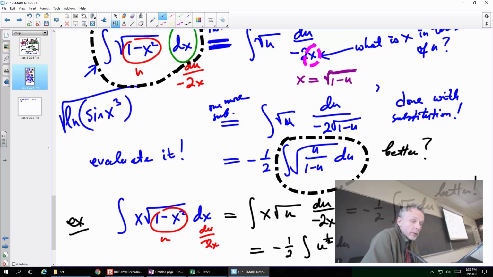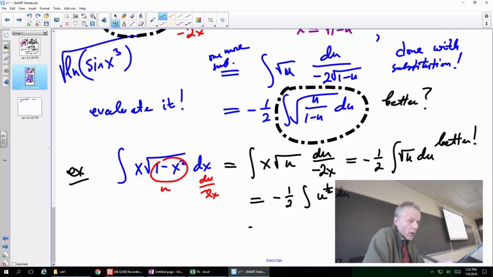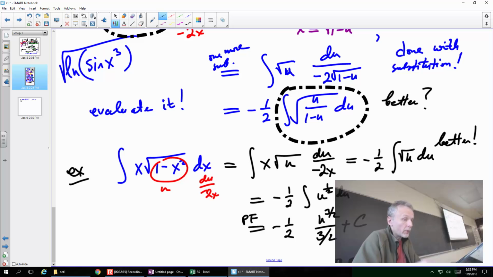And then you integrate by the power rule, or power formula, indeed. So what is it? u to the 3/2 over 3/2 plus c. At this point the substitution was over. Now integration is over.